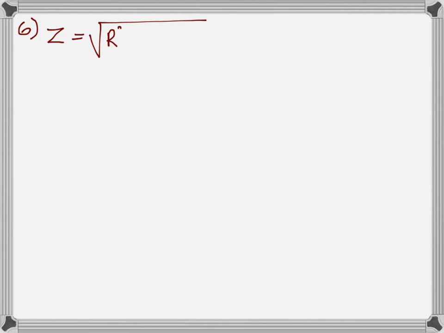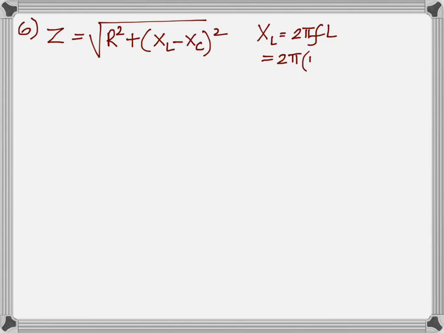Number 6, the impedance in an LCR series circuit is square root of R squared plus XL minus XC whole squared. Now, it's always good to separately and individually calculate these and then plug it into the formula. There's less chance of making mistakes.